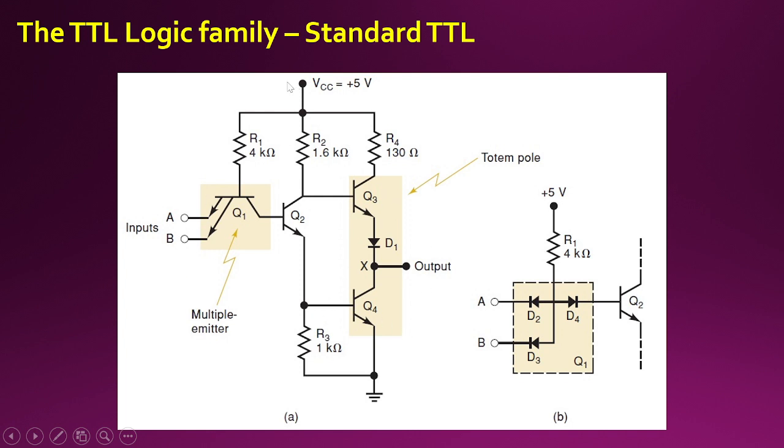In this case, we are considering a NAND gate having two inputs, A and B. This particular section, which is the input, is usually constructed out of an NPN transistor. You can see this is N, this is P, and this is N. This particular transistor is called a multiple emitter transistor because it is having multiple emitters.